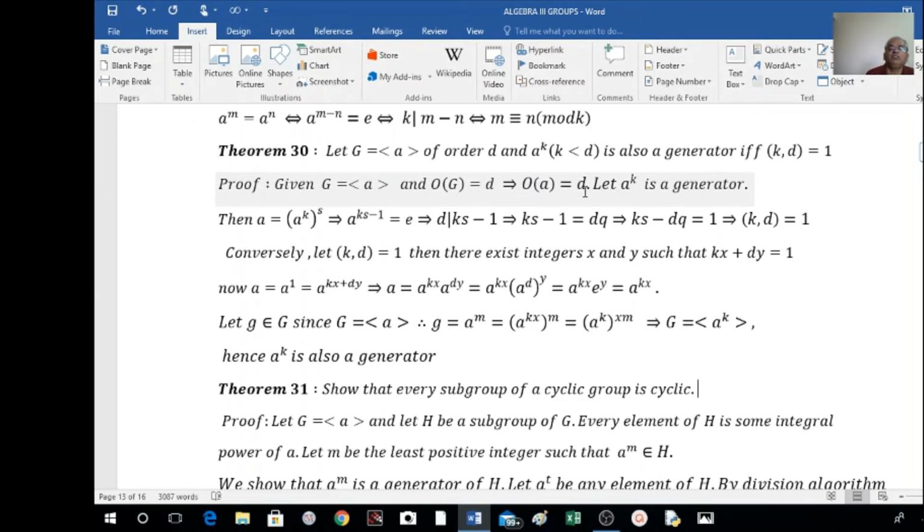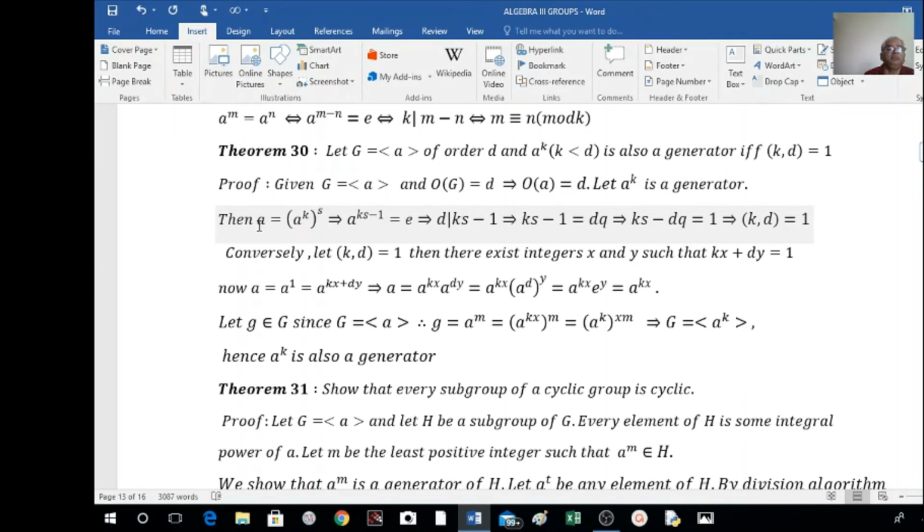This implies that the order of a is also equal to d, because in the previous theorem we proved that the order of a is the same as the order of G. Now let a raised to k be a generator. I will try to prove that gcd(k, d) equals 1. Let a raised to k be a generator, then every element of G can be expressed as a power of a raised to k.